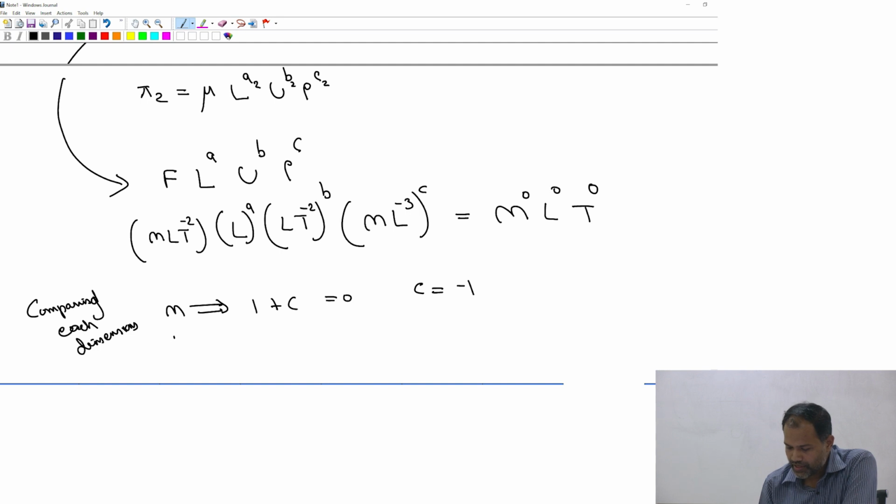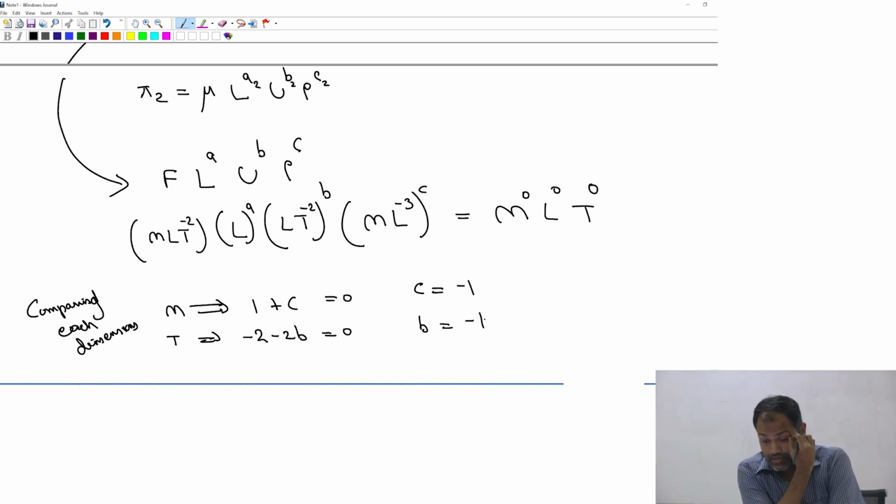What will time give? Minus 2 minus b should be equal to 0, and therefore b has to be equal to minus 2. Find out a by comparing length.